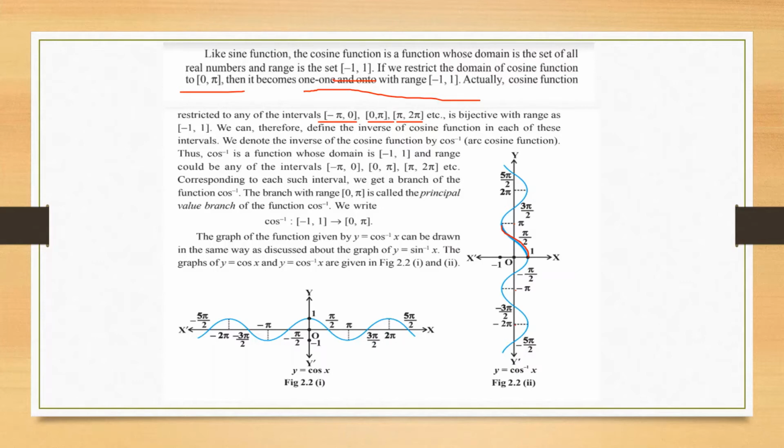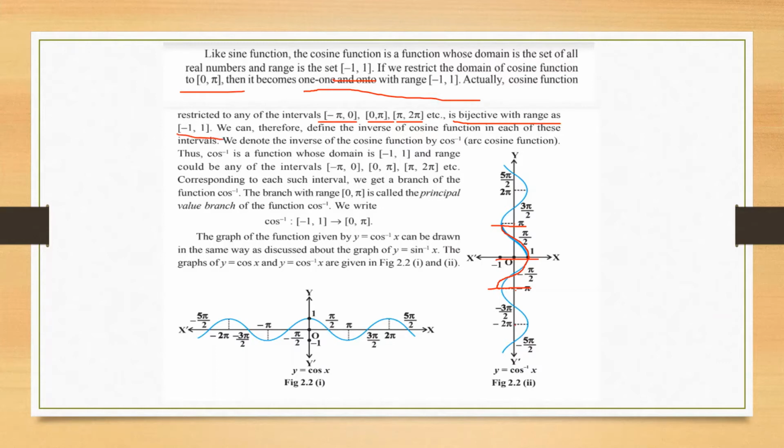So you will find that it is behaving well in these restricted areas, whereas I can't say anything for the whole domain. But if I restrict it in this span, and then in this span, you will find that this function is both one-one and onto, that is bijective, with range -1 to 1. So you can see the maximum and minimum values here also.